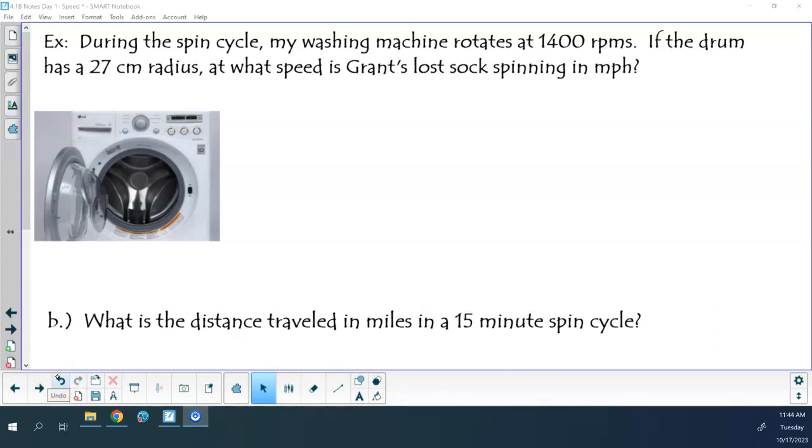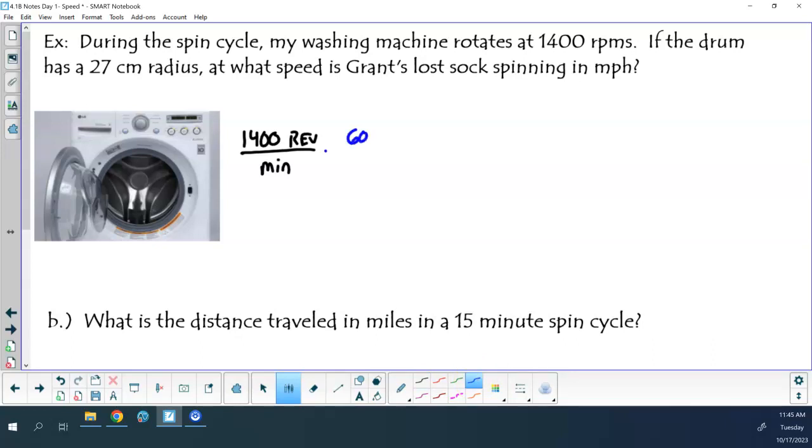Alright, so we're spinning at 1,400 revolutions per minute. Okay, so I like getting rid of my minutes first, so I'm going to go 60 minutes is, I should have written an H, 1 hour. Okay, so now I'm in revolutions per hour. Next, 1 revolution is 2 pi radians.